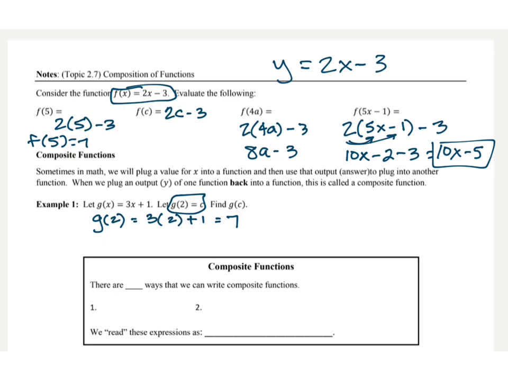So if g of 2 equals 7 and g of 2 equals c, what do we know about c? C is 7. Now find g of 7. Because g of c is the same thing as g of 7, which means we're going to have 3 times 7 plus 1, 22.